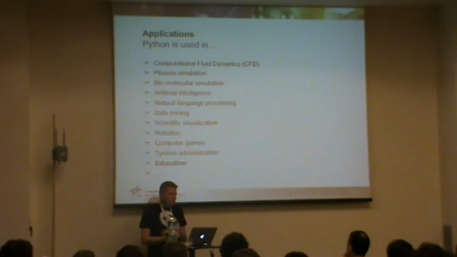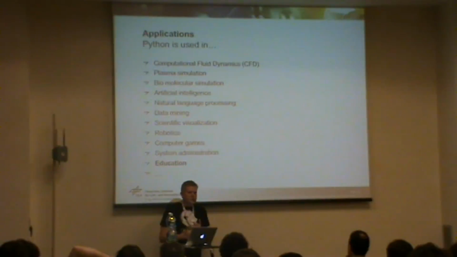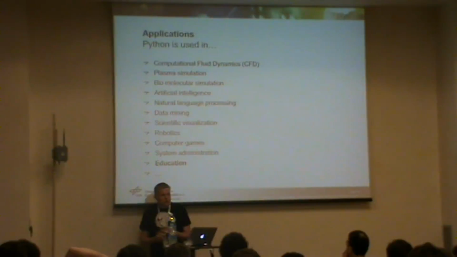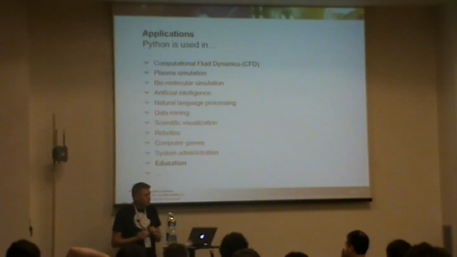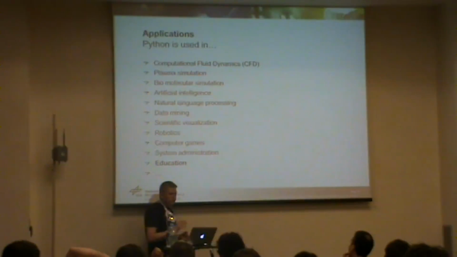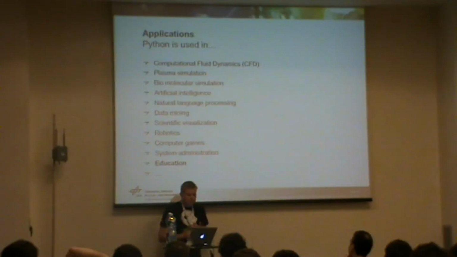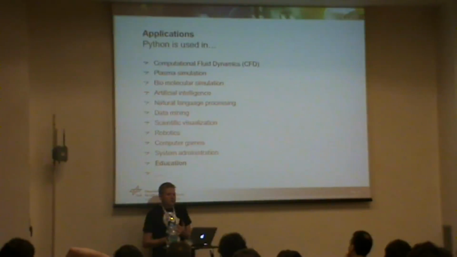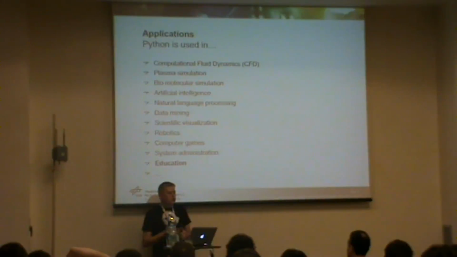Crash simulation, currently in the research section, mostly in the US, maybe in Japan. And we have other fields like biomolecular, artificial intelligence, language processing, data mining, various fields including finance, which also belong to this topic.